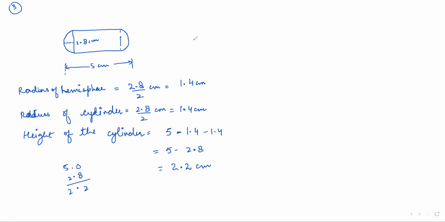So let us find out separately the volume of the hemispherical ends. Can I find them combined, like 2 into 2 by 3 pi r cube, right?